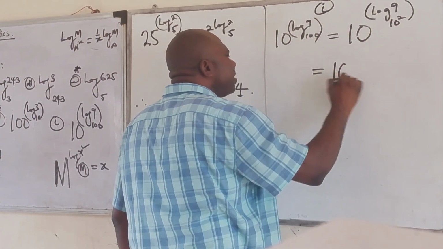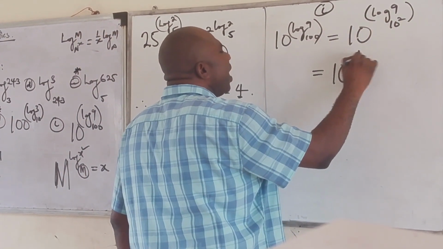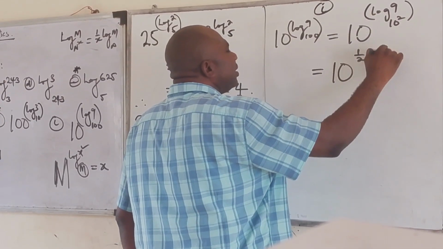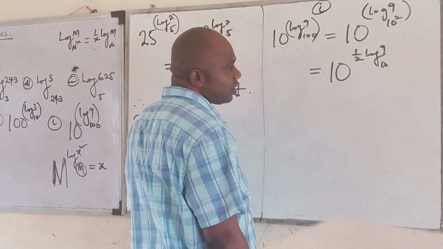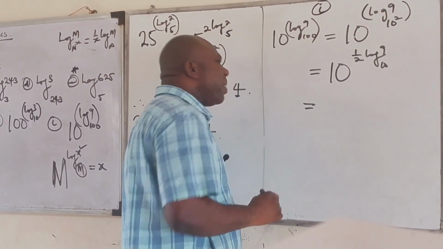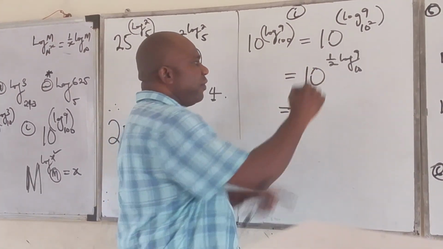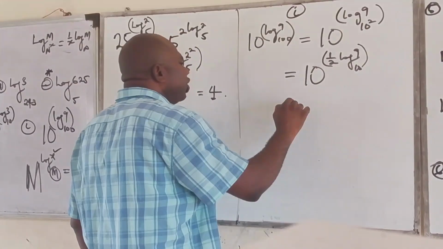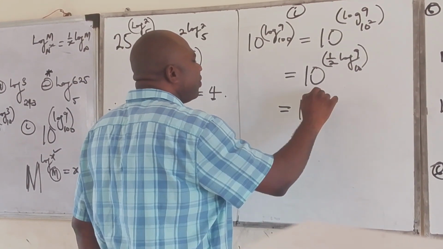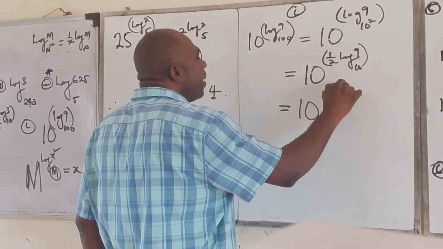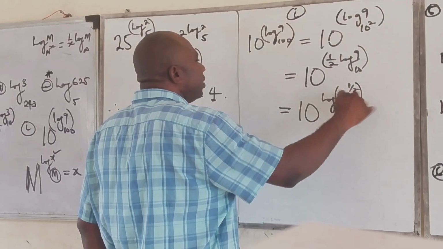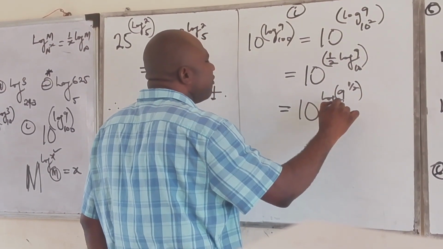It becomes 10 raised to the power of 1 all over 2 log 9 base 10. There is a half here, so this is the same as 10 raised to the power of log 9 raised to the power of half, with base 10.